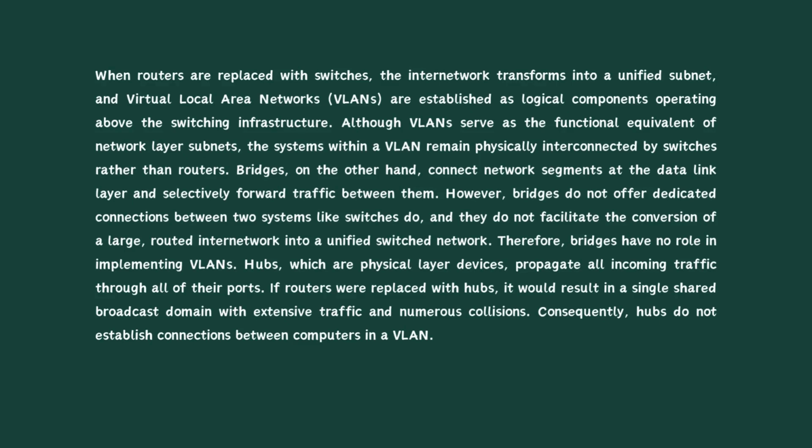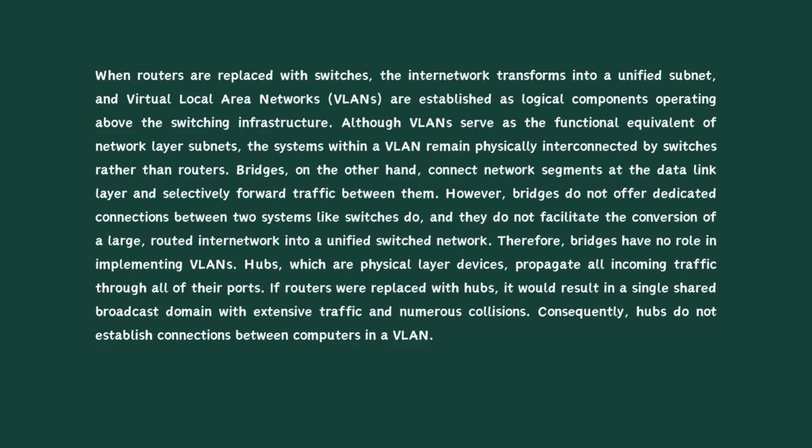When routers are replaced with switches, the internetwork transforms into a unified subnet, and virtual local area networks are established as logical components operating above the switching infrastructure. Although VLANs serve as the functional equivalent of network layer subnets, the systems within a VLAN remain physically interconnected by switches rather than routers.